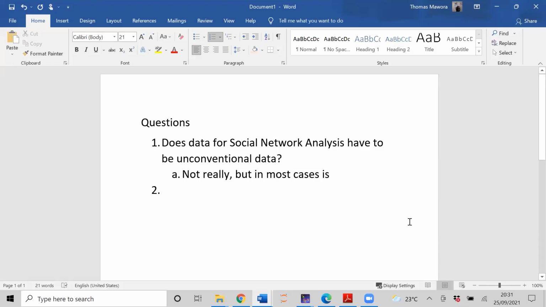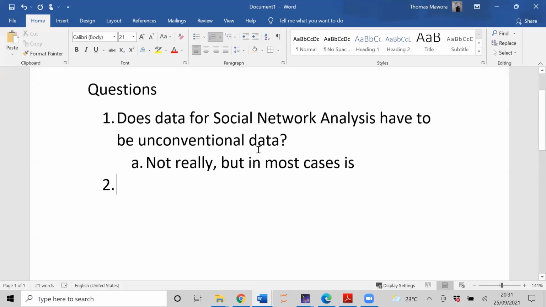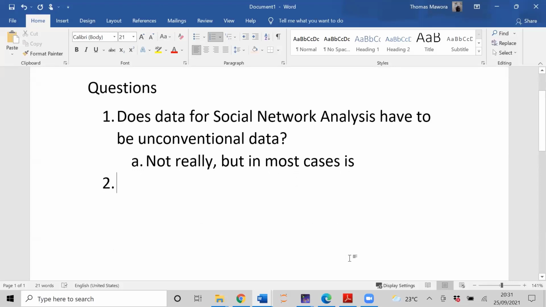But for this one, because it's unconventional, it's a small number of variables that you collect, which might make it unconventional because of the testing for accuracy and all those things. That is why I said it's unconventional. Conventional data has been tested over time. There are even SOPs or things like that for conventional data.